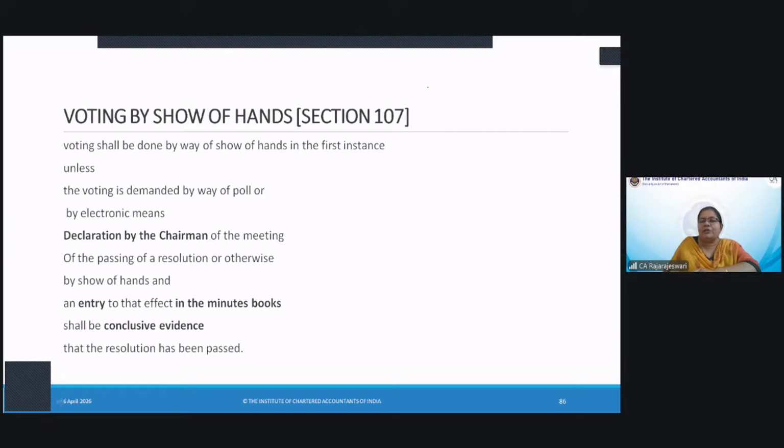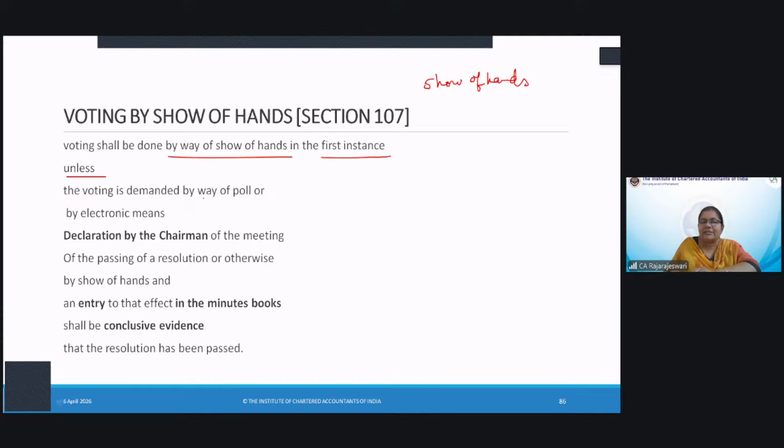Now we were talking about voting by show of hands by the persons who are present there. In the first instance, voting shall be done by way of show of hands, unless voting is demanded by way of poll. Otherwise, normally the company generally gets the voting done by show of hands only.